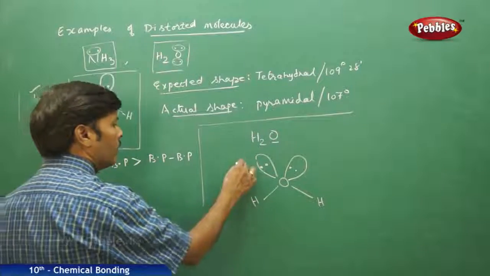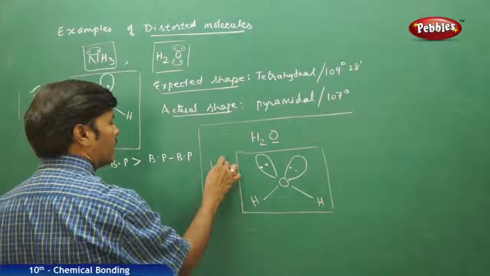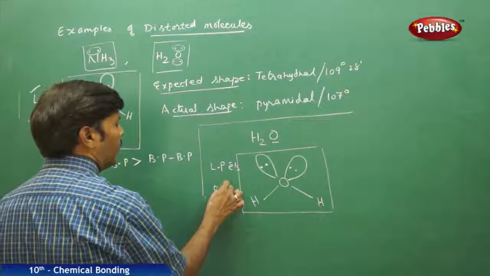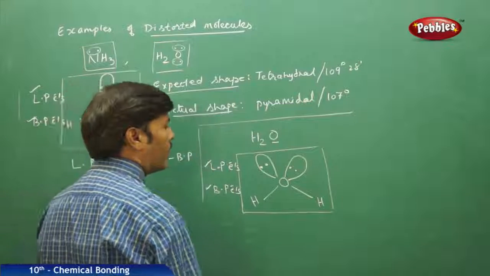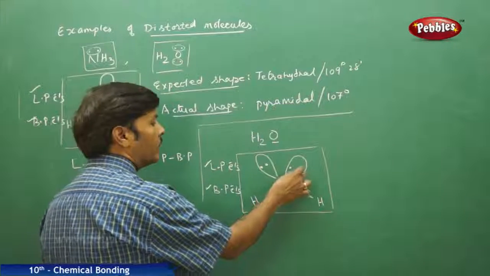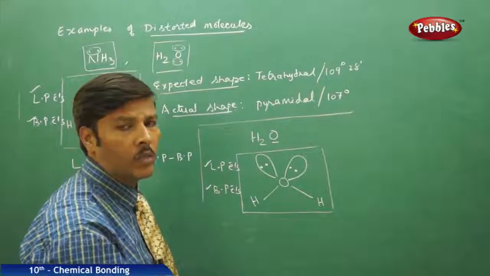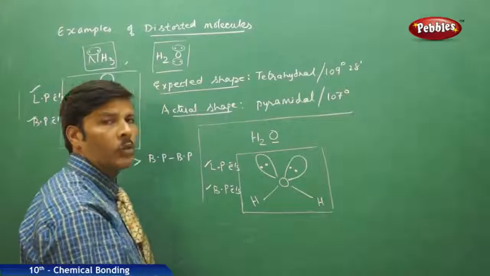So from the structure of the water molecule, it is clear that this water molecule contains lone pair electrons and bond pair electrons, because it has two lone pairs of electrons around the central atom oxygen, and two bond pairs with two covalent bonds.